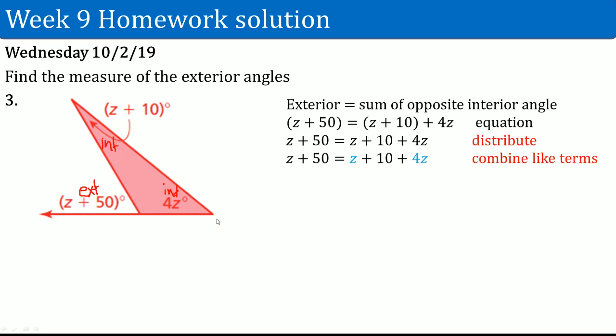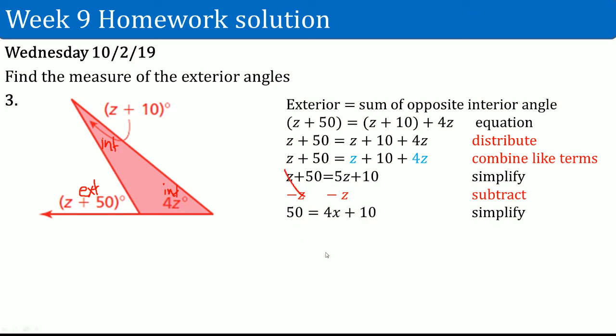I see a z and a 4z on the right-hand side, so those combine and become 5z. I subtract z from both sides because I'm trying to get the variable alone, so I'm trying to get this to cancel out. I get 50 equals 5z minus z, which is 4z. Subtract 10 from both sides. You get 4z equals 40.